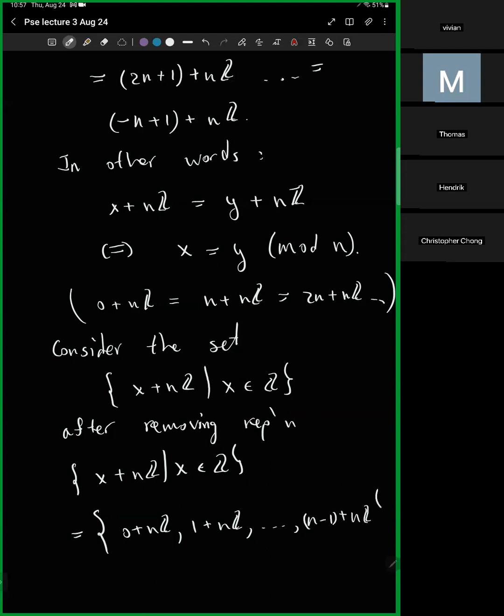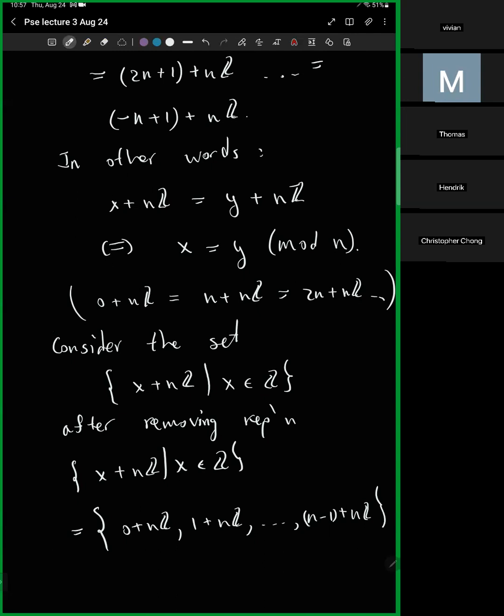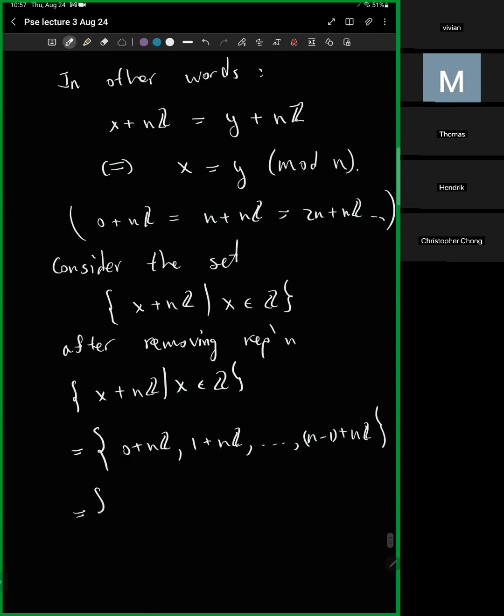And then n plus nZ is already equal to 0 plus nZ, so I don't write it. But of course, I could have written it differently. For example, I replace the first element by 2n plus nZ, and then I leave the rest of the elements the same: 1 plus nZ up to n minus 1 plus nZ.